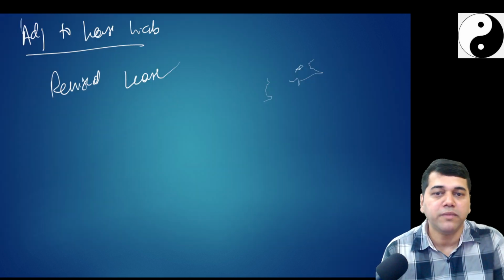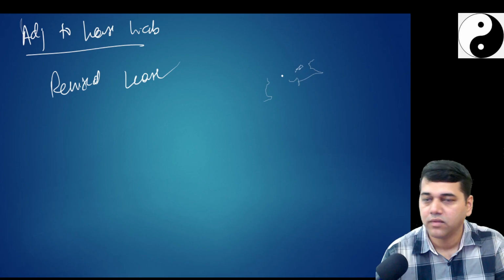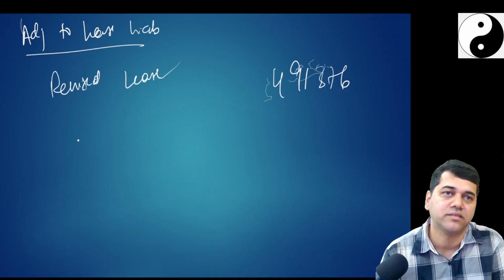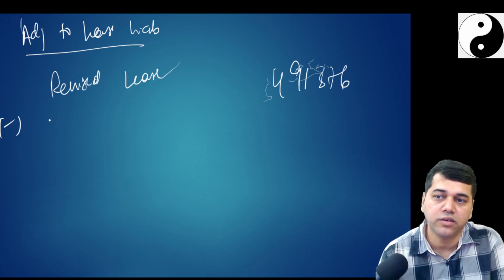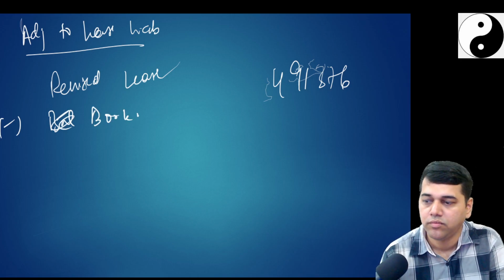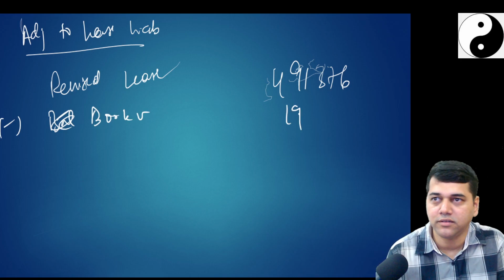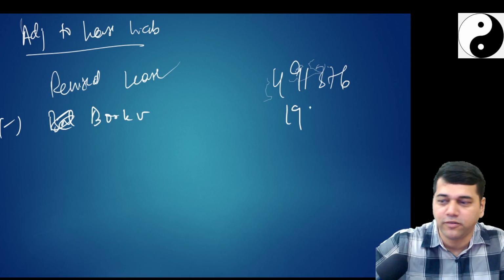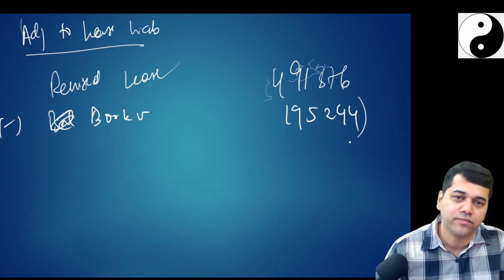Yes, so what is my revised lease liability? 4,91,376 minus what is your balance book value? Now you take that chopped onion, you have kept aside, no? 1,95,244.